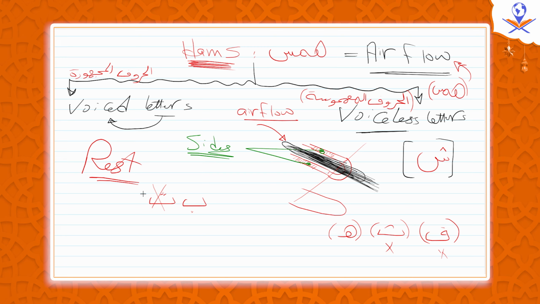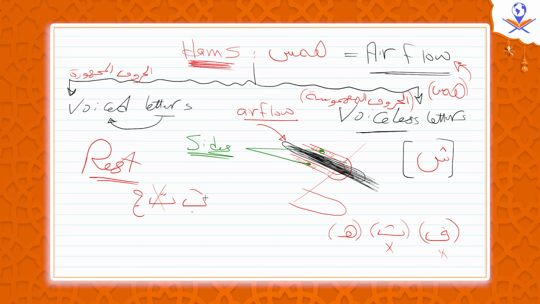Jim. Jim is not فحثه شخص سكت. Ha it is. But Jim is not. خاء it is from فحثه شخص سكت. So you can discover if you memorize the letters.